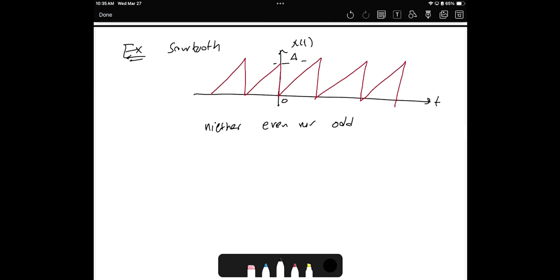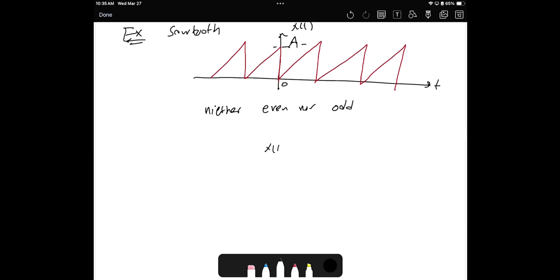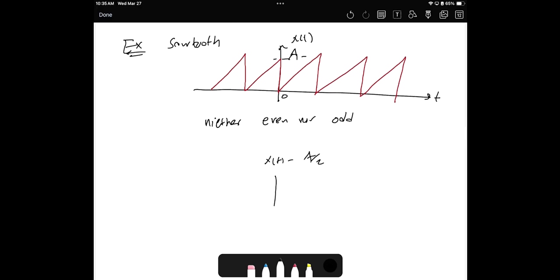Let's think about this. Can we make x of t minus A over 2, subtracting A over 2? Let's think and let's try. If we subtract A over 2, we will shift it down a little bit.